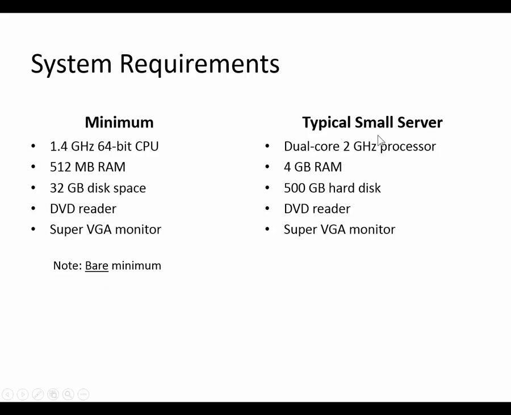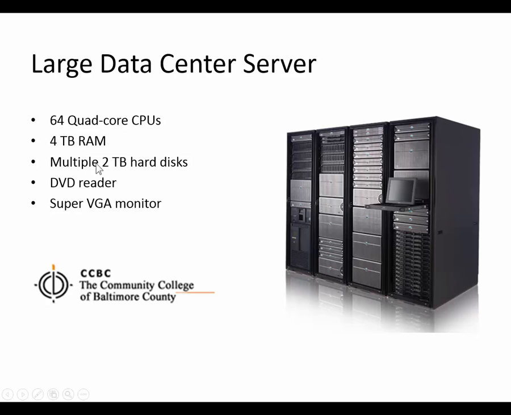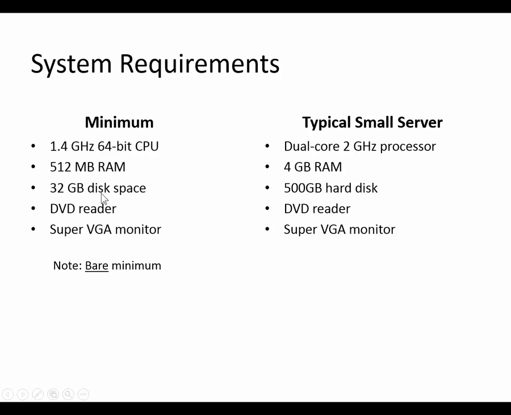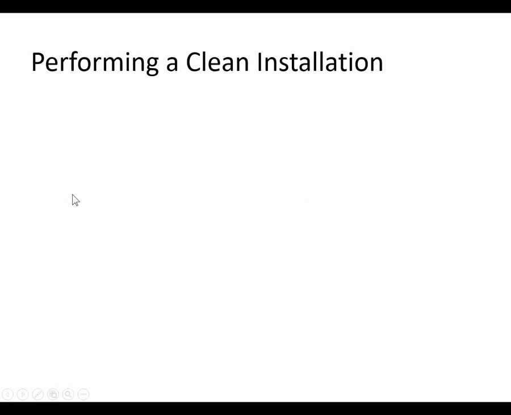Even on a small server, you would want to have a dual core 2 gigahertz processor and 4 gig of RAM and a 500 gig hard disk. And on a large server, you might have 64 quad core CPUs, 4 terabytes of RAM, and multiple 2 terabyte hard disks. But the bare minimum requirement is 1.4 gigahertz 64-bit CPU, 512 meg of RAM, and 32 gig of disk space.